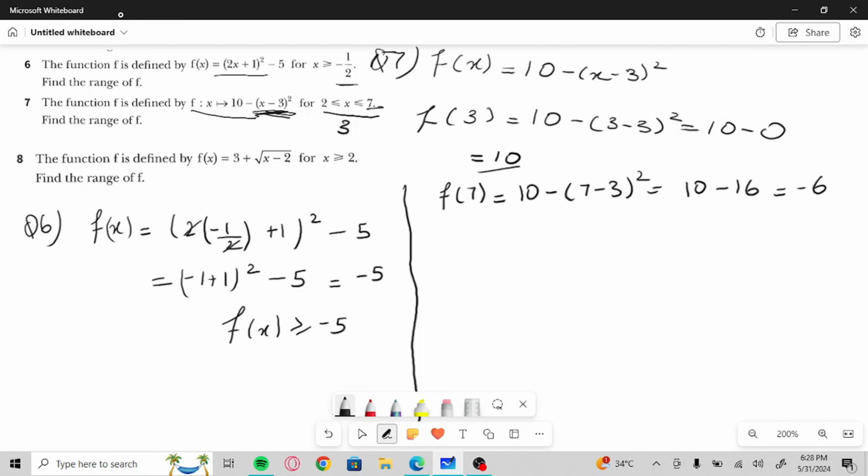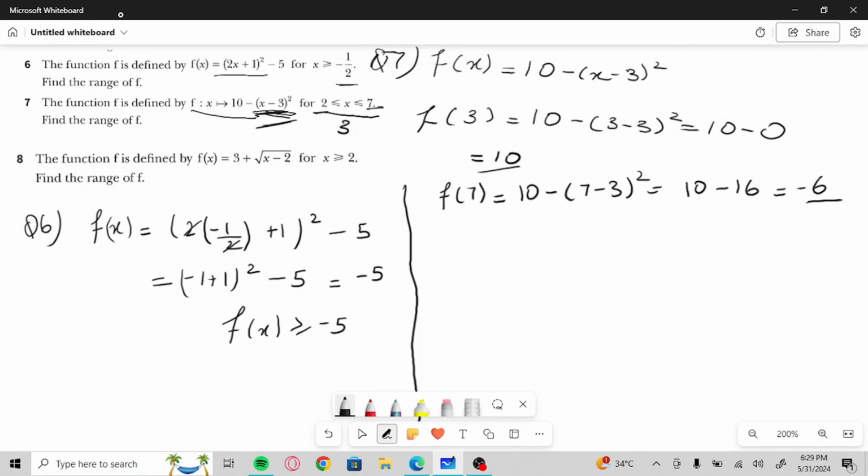Now we see again this is the minimum value. A question may arise: why do we not get the minimum value if we input 2? Well, if we input 2, we get 1 in this squared term, and 10 minus 1 equals 9, which is obviously not less than negative 6.